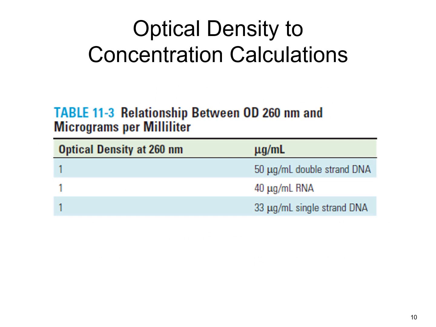Here you can see a table that lists the relationship between the optical density at 260 nanometers and the amount per ml, based on whether the sample contains double-stranded DNA, single-stranded DNA, or RNA.